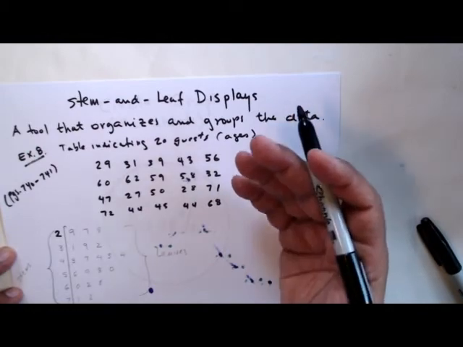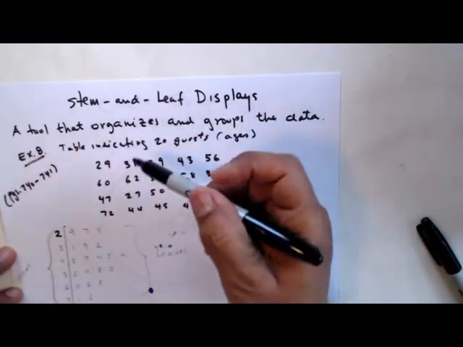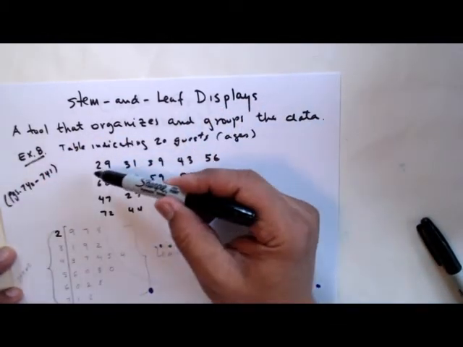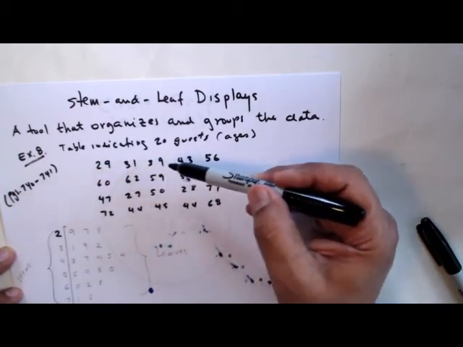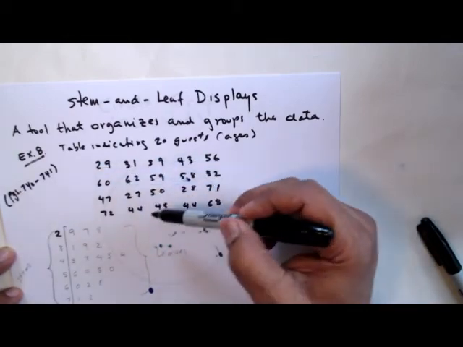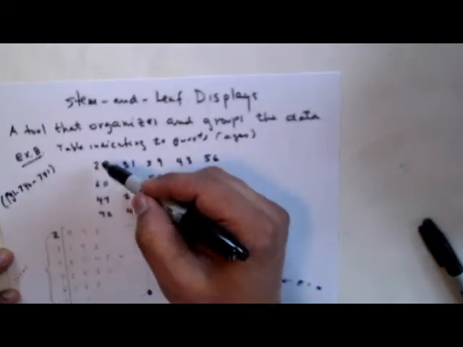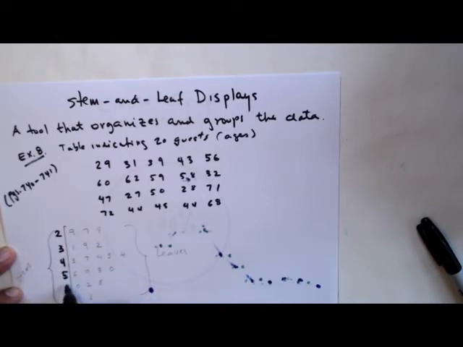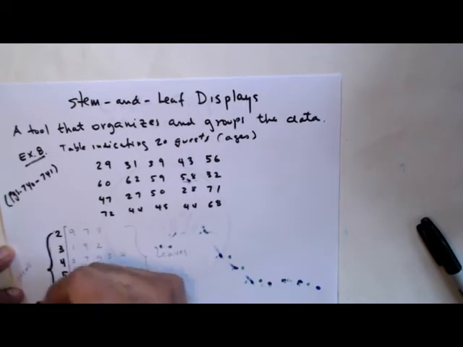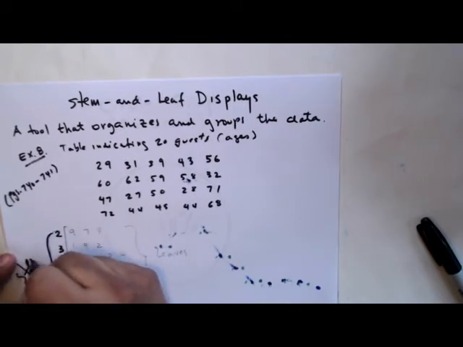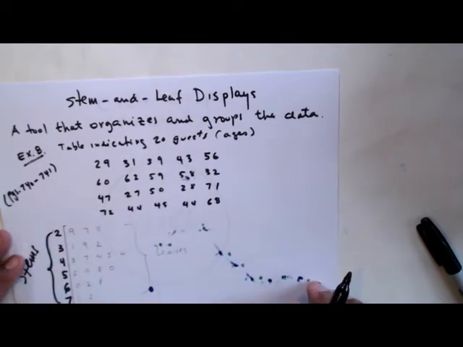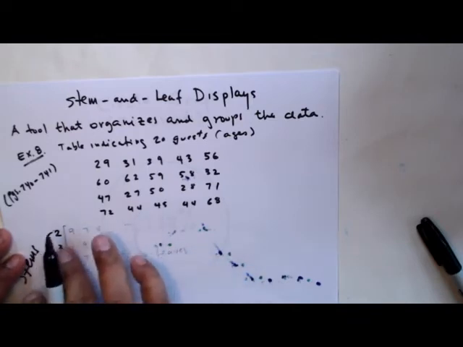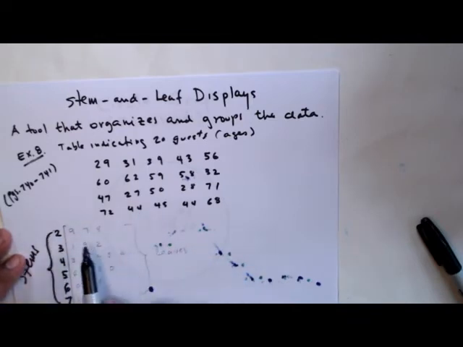So you have a 29, 31, 39, 43, and so on. So basically you have the 20s, 30s, 40s, 50s, 60s, and 70s. And this will be your stem. Now, what you put next to it are what are called the leaves.